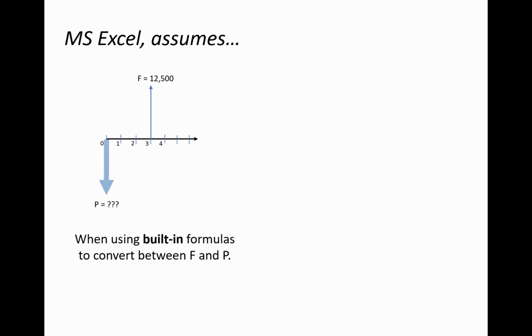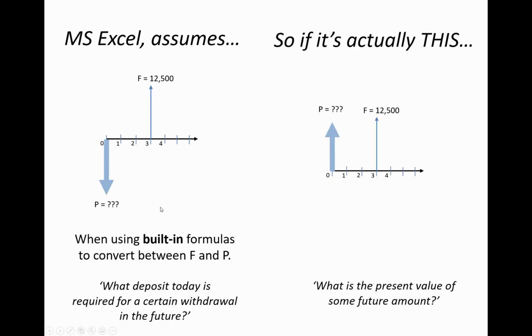And so if we want to override that assumption, if we actually want to know the present value of a future inflow without it making it into an outflow, then we have to put the negative sign into Excel because of what it's assuming. It's assuming that the question is, what would you have to deposit today to make a certain withdrawal in the future, where sometimes we want to know not what is the deposit that would have to be made, but what is the present value of that future amount.